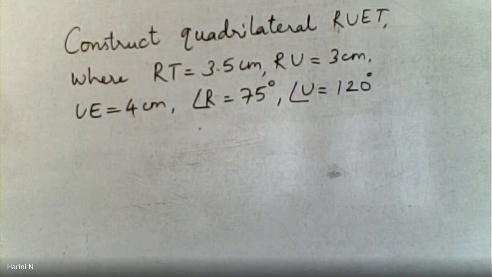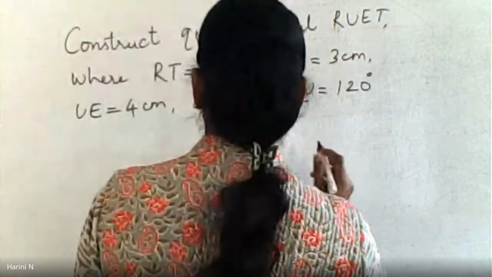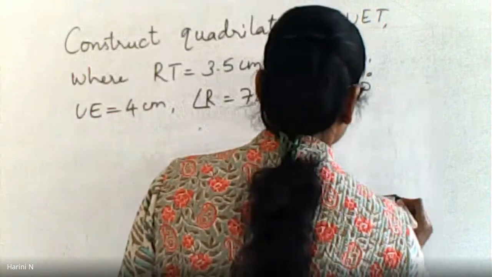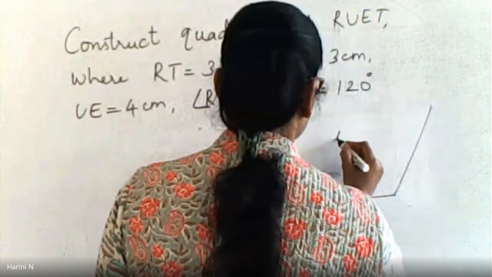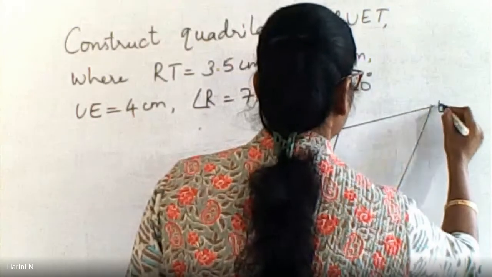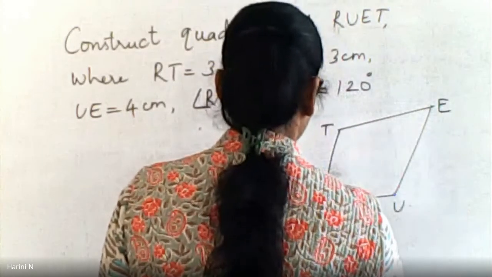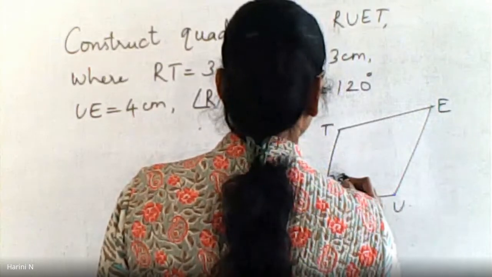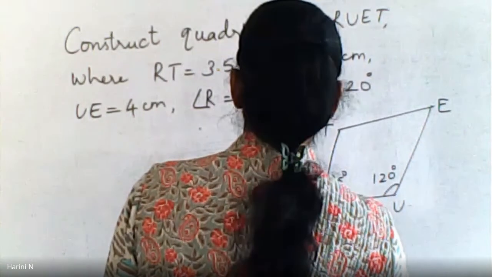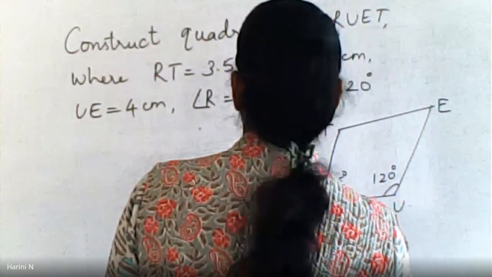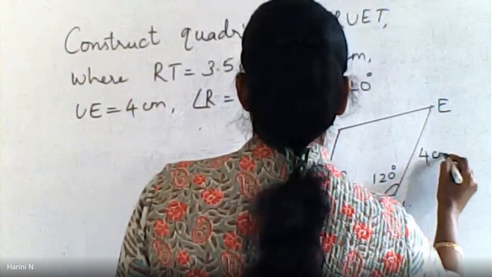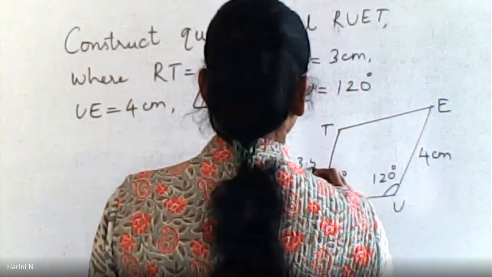Right? So then your rough diagram, you should be drawing it. RUET, where your R is 75, your U is 120, RU is 3, UE is 4, and your RT is 3.5.